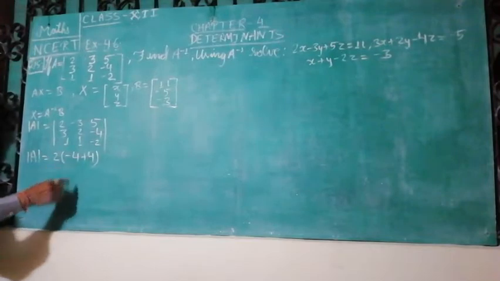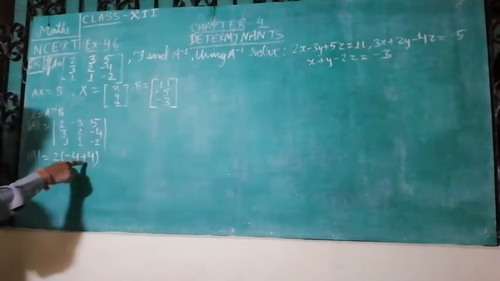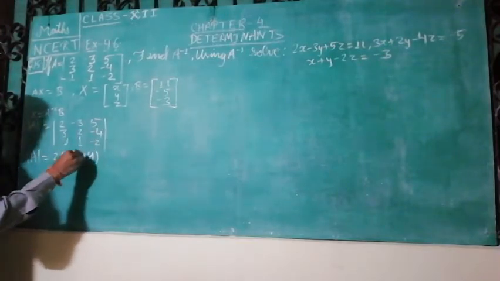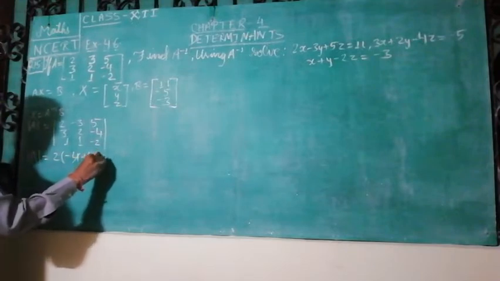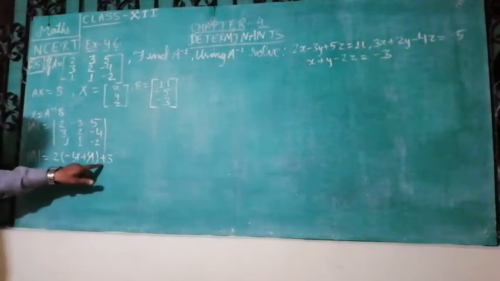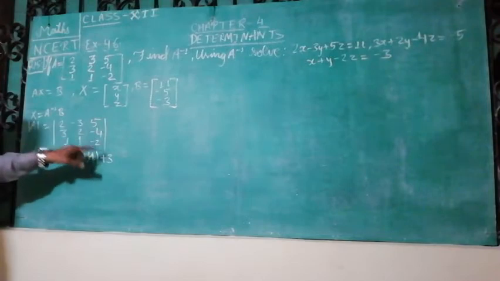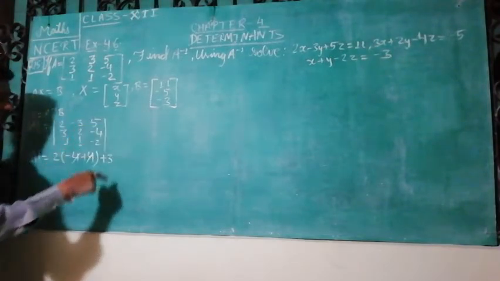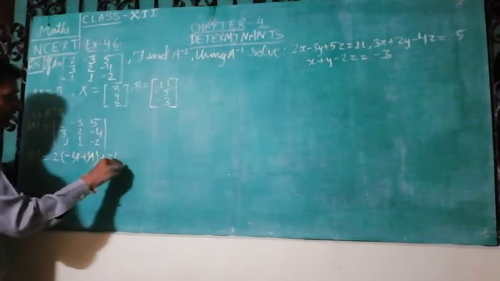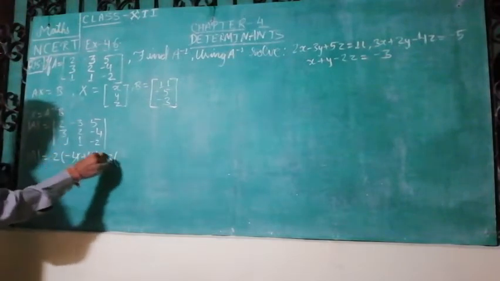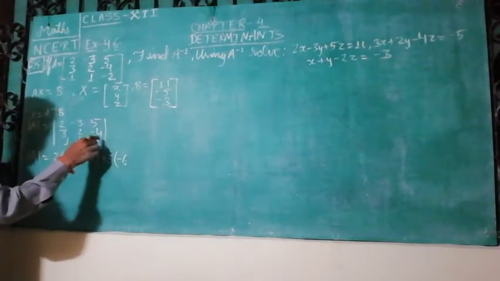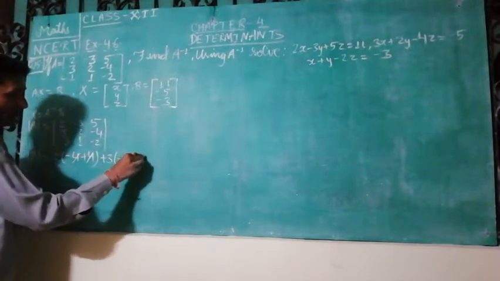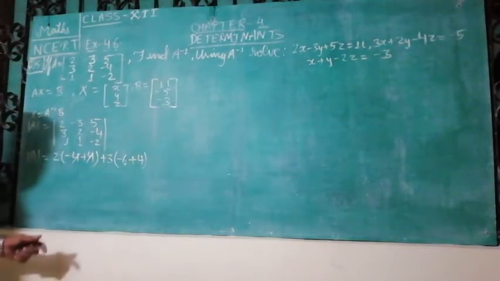2 into -2 is -4, and then plus 4, so this will be cancelled and become 0. Then minus plus 3: here it is minus actually, but this minus and that minus will become plus. So 3 into, with column 2 and row 1 eliminated, 3 into -2 is -6, and 1 into -4 is -4... so -6 plus 4 is -2, and -2 into 3 is -6.